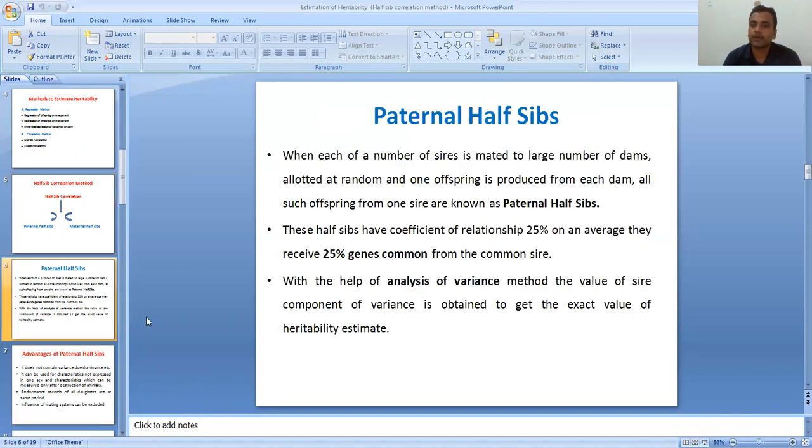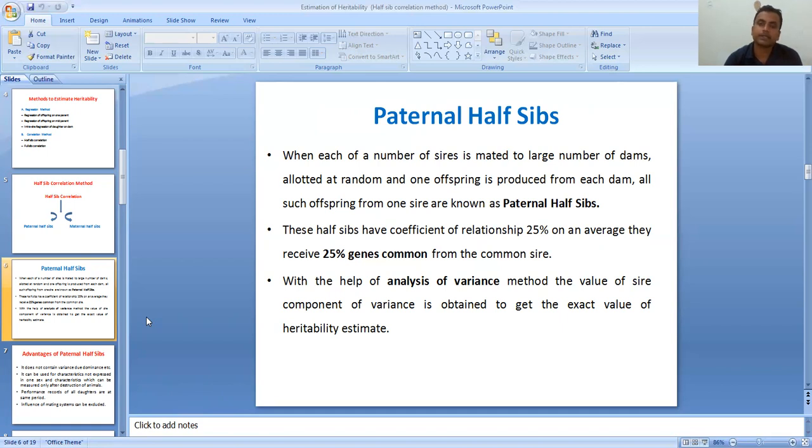Next, in paternal half-sibs, each of a number of sires is mated with a large number of dams allotted at random, meaning there is no choice, but we are selecting the dams from different herds or the same herds randomly.